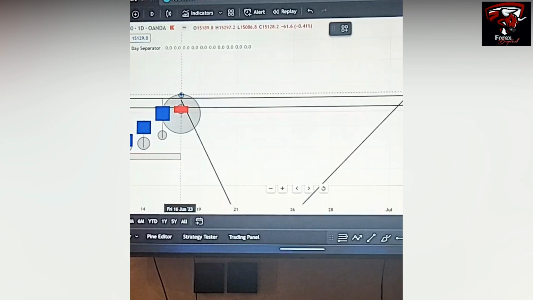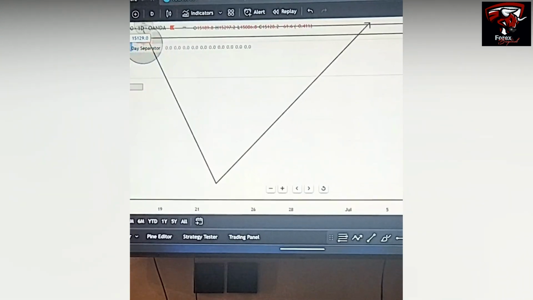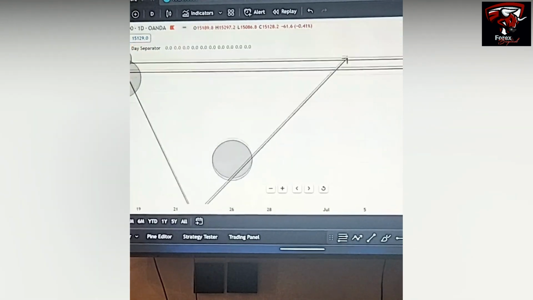Why? Because they are trapping the buyers. Those who thought price would go higher bought, price sold. As soon as price came into this level, they bought, hoping that price would then continue bullish.